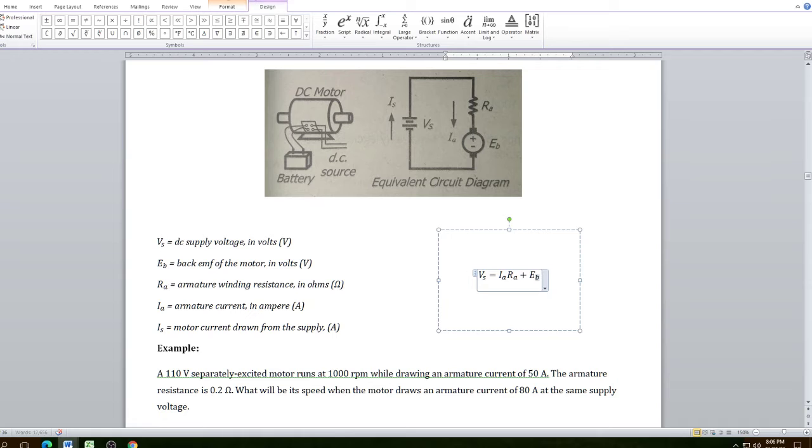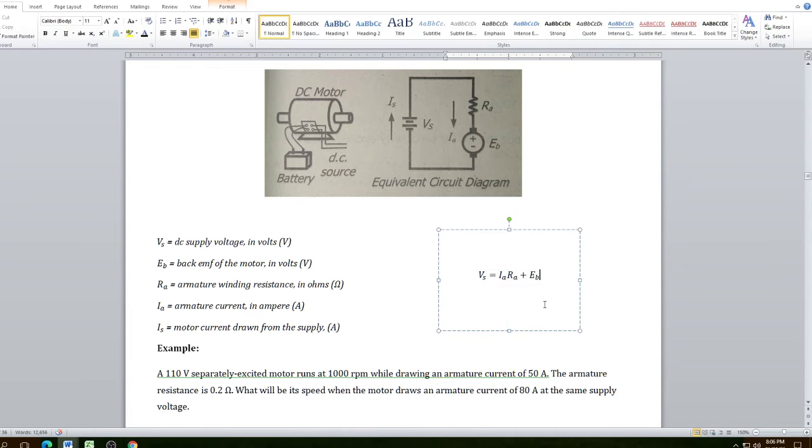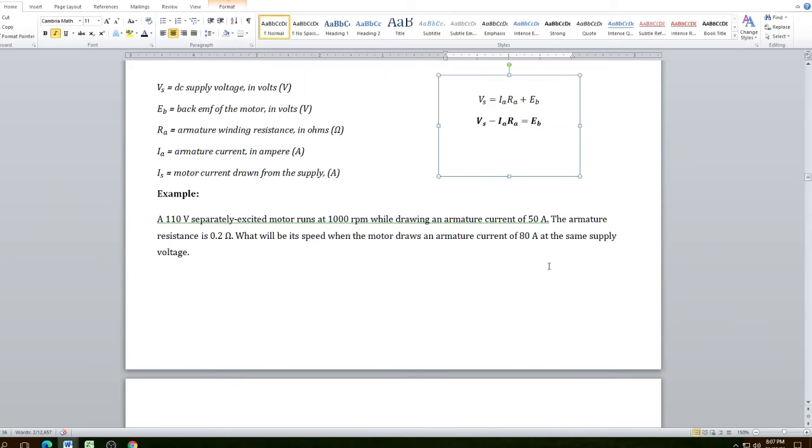Usually we are going to find what the back EMF is, so we transpose the formula to get the formula for the back EMF.